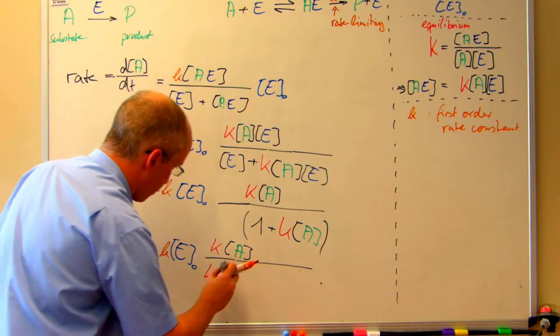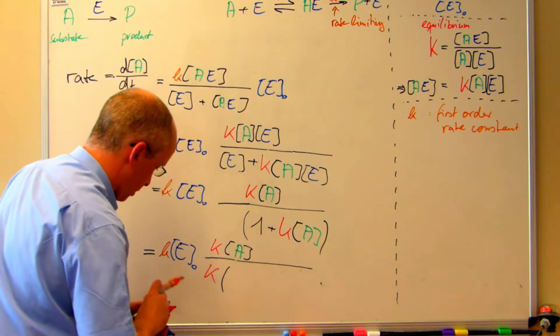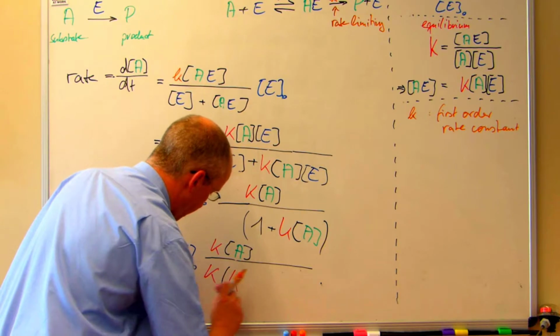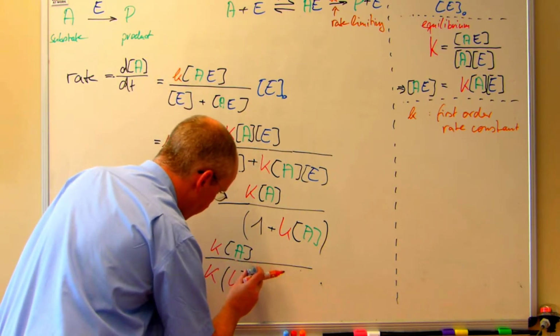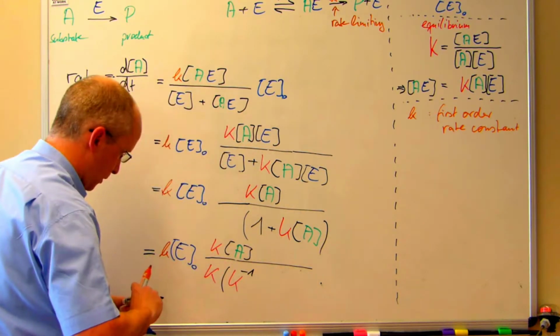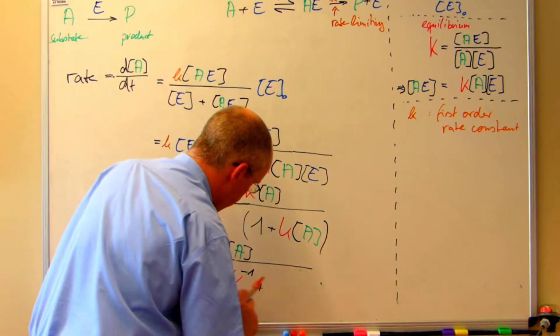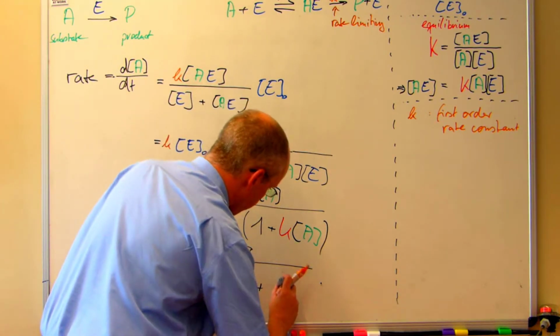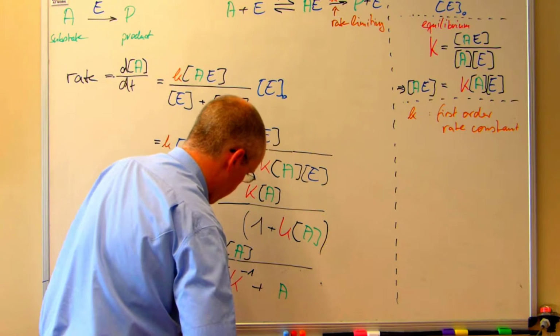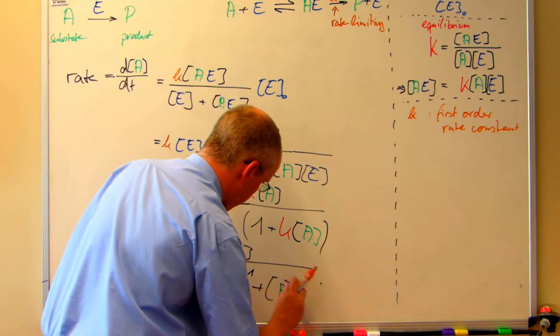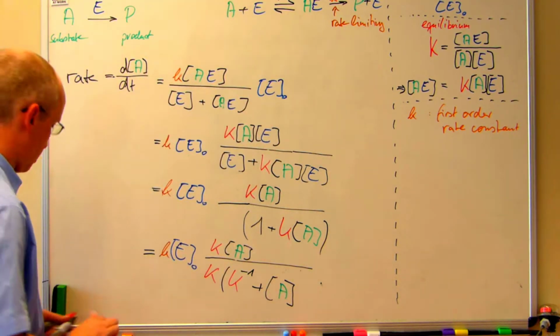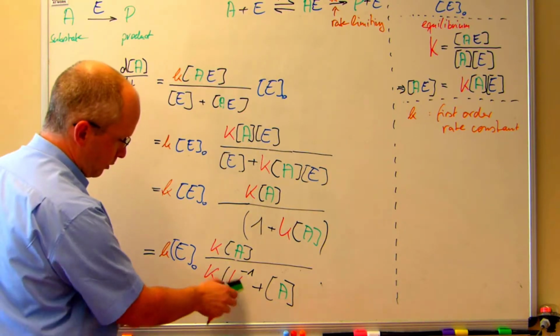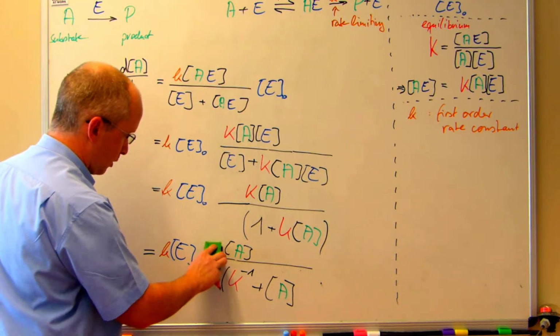Yeah. Bracket. I get to compensate that, I get K to the power of -1 plus concentration of A. Right? So again, not losing anything, it's still in there, you can cancel this out very nicely.